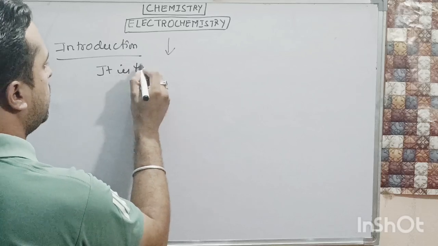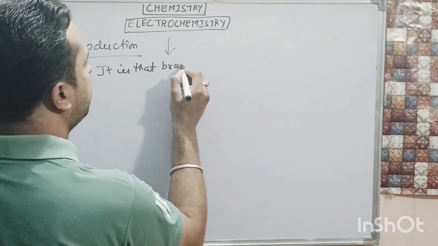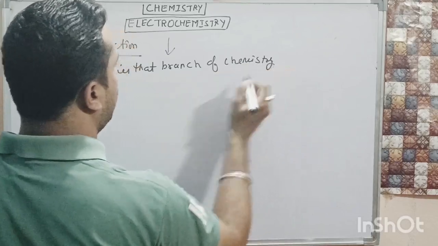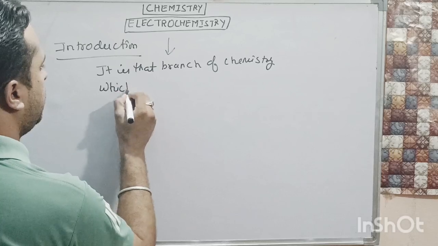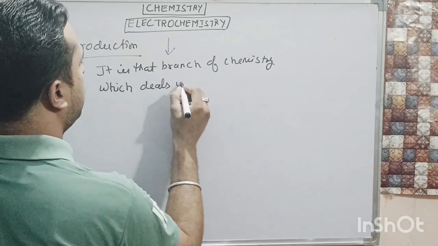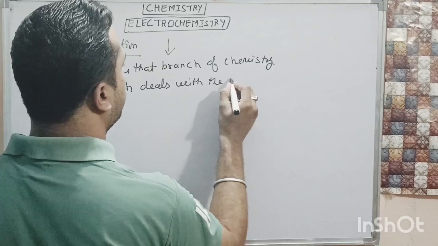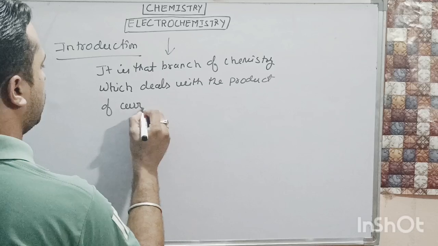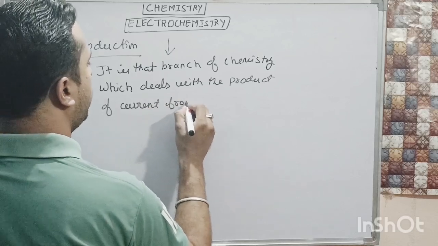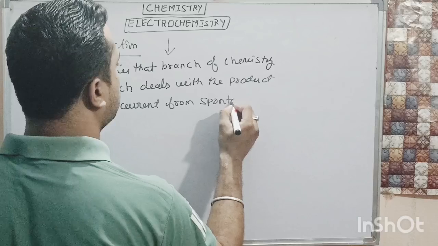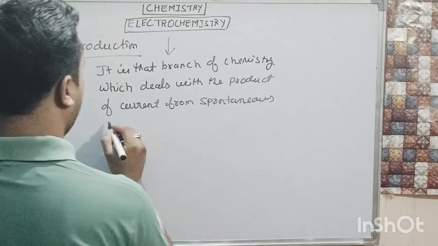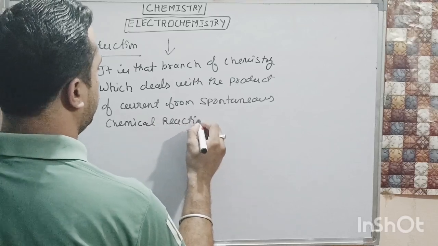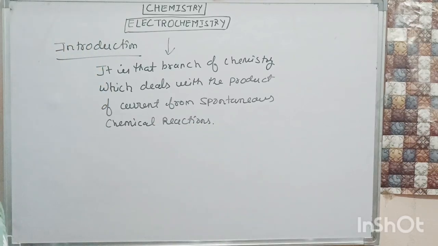It is that branch of chemistry which deals with the production of current from spontaneous chemical reactions. Full stop. Okay, this is what electrochemistry is.